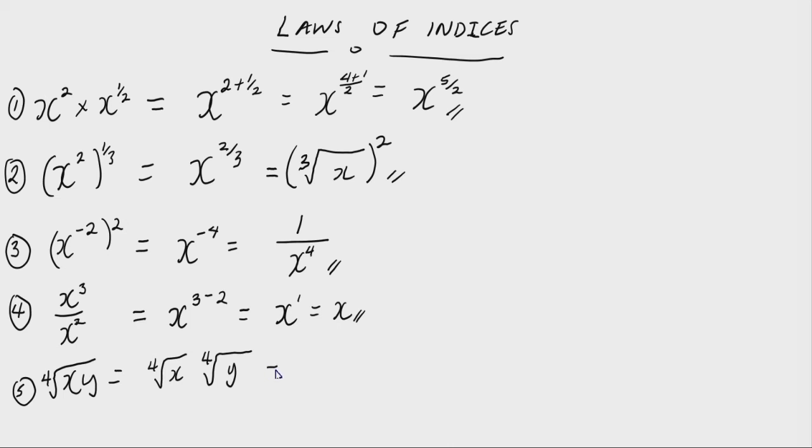And you should be able to know that you can also rewrite these as x to the 1 over 4 times y to the 1 over 4. Or you can combine them if you want. They're all the same, but just to know that it is the same. Once you know it, then we're pretty much in business.